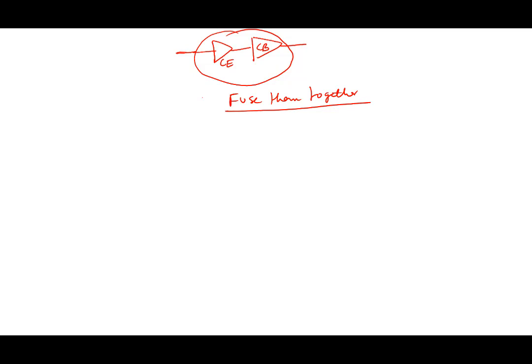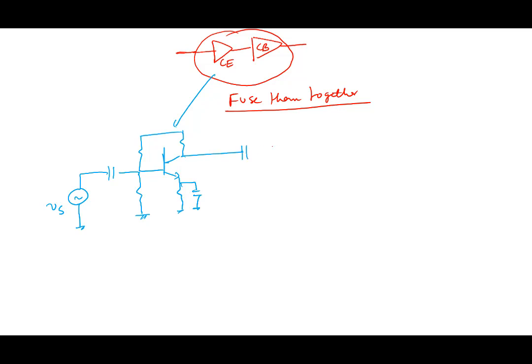See, normally you would think of doing it like this, right? Common emitter. One would like to build it like this. Normally one would say, okay, take the output here, then connect it to the common base stage here.